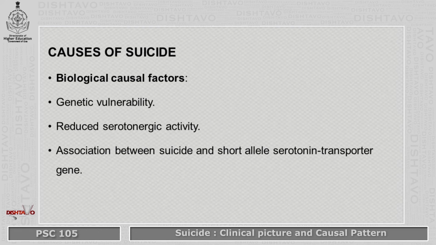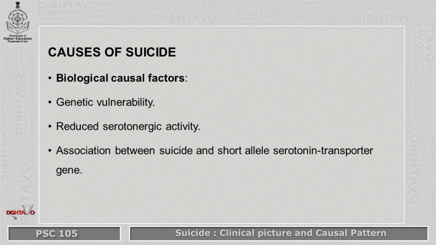Coming to biological causal factors, there is strong evidence that suicide runs in the family. That means a genetic factor plays a role in the risk for suicide. For example, the concordance rate for suicide among identical twins is found to be high as compared to fraternal twins.